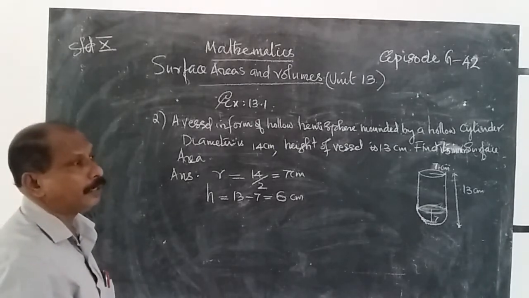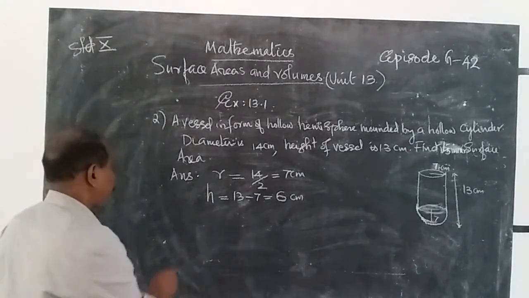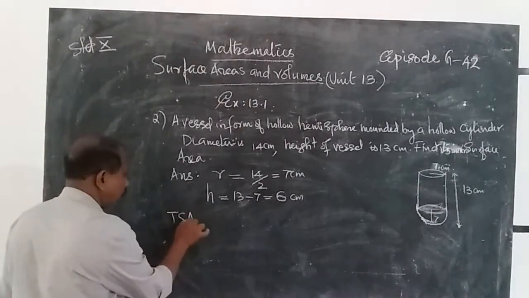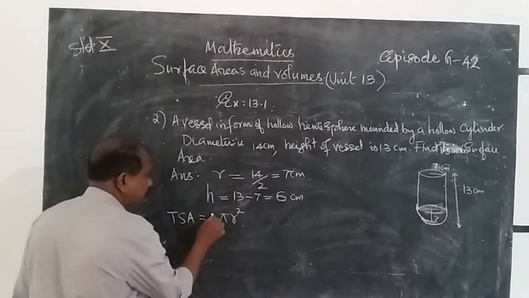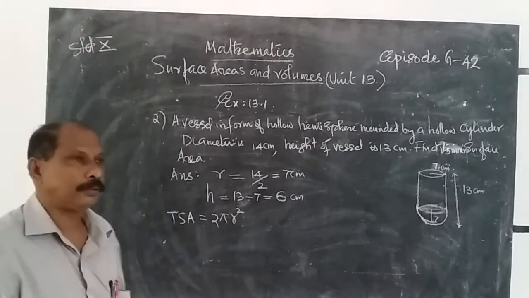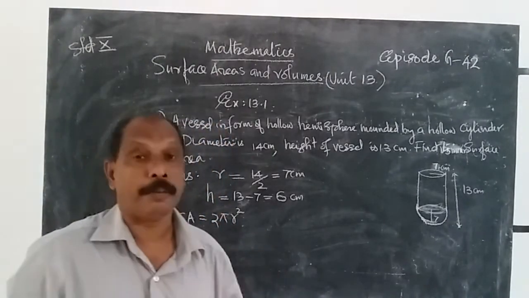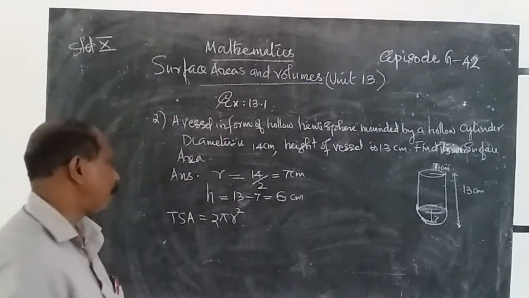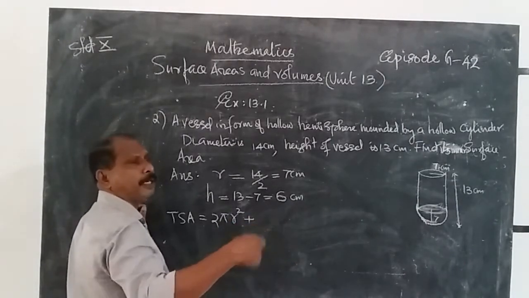Okay, then what is the curved surface area of the hemisphere? That is 2 pi r square, not pi r square. The curved surface area of a sphere is 4 pi r square, therefore for a hemisphere it is 2 pi r square. Plus, the curved surface area of the cylinder, that is base perimeter into height.